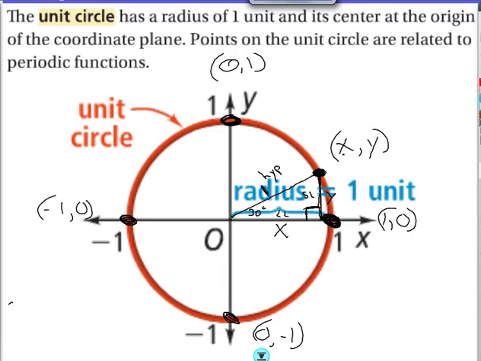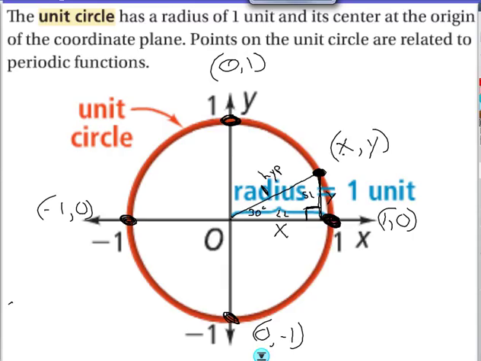Come on guys, from the hypotenuse to the short leg in the 30, 60, 90, how do you do that? Divide by 2. Divide by 2. Y'all don't remember that? From the short leg to the hypotenuse, you multiply by 2. So to go from the hypotenuse to the short leg, you divide by 2.